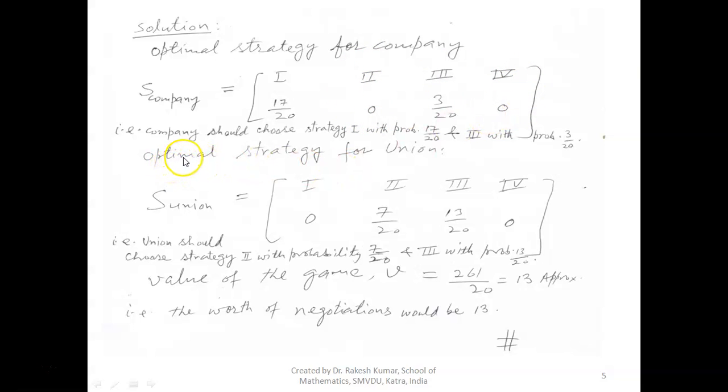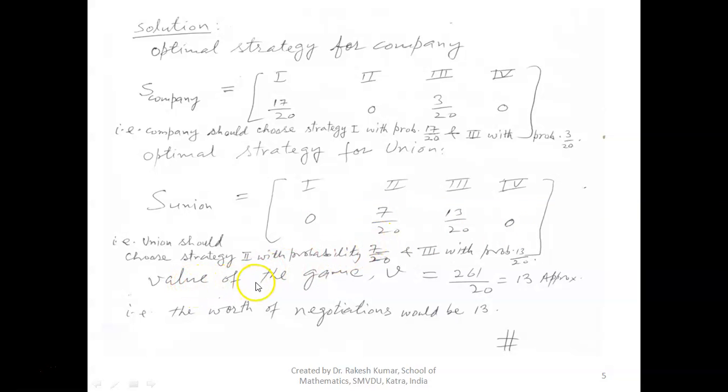Again, the optimal strategy for the union is like this. The union should choose strategy 2 with probability 7/20 and strategy 3 with probability 13/20, and the probability is 0 for strategy 1 and strategy 4.